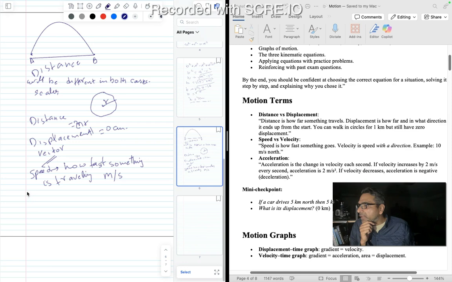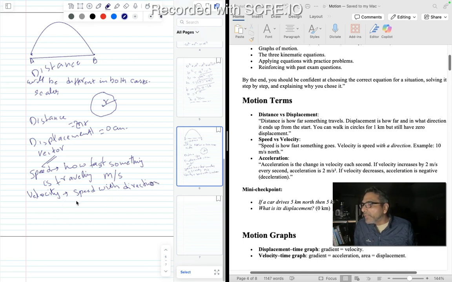And velocity is speed with direction, right?